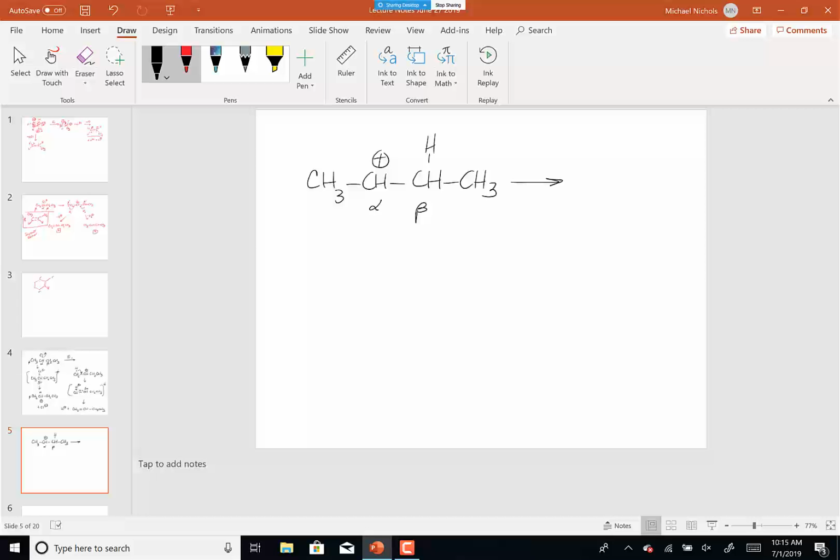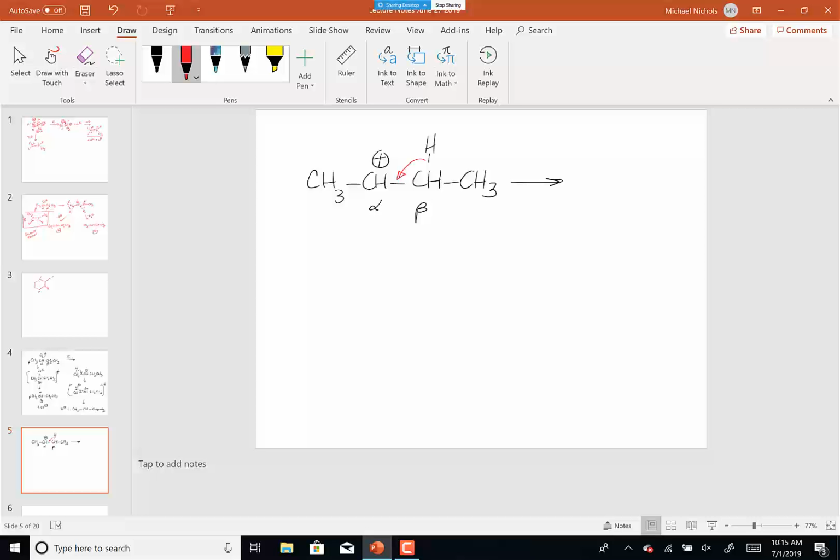All right, so most of you got this, but let's just go over it. The arrow should go from this pair of electrons to form the double bond like that, okay? If your arrow isn't quite looking like that, you want to make sure it does, because it's not going to the positive charge, it's going to form the double bond.